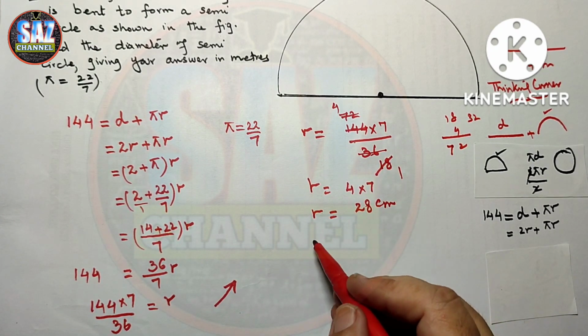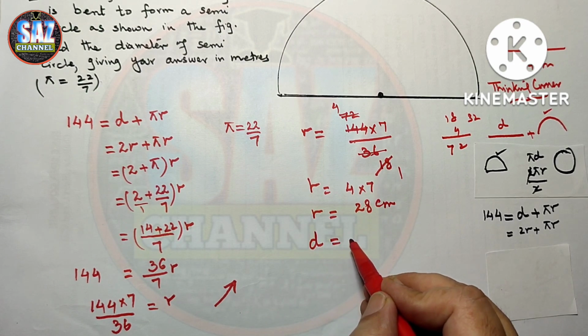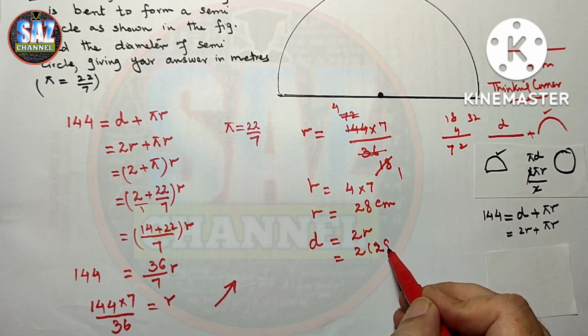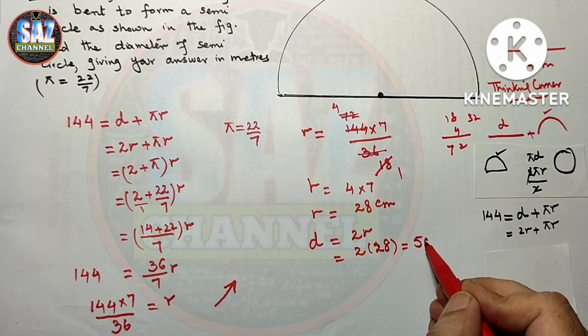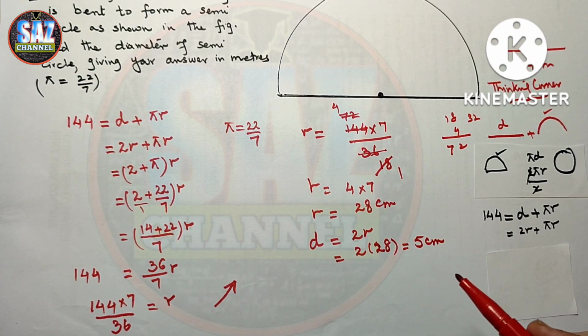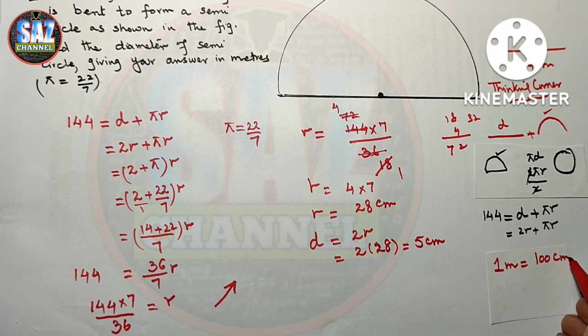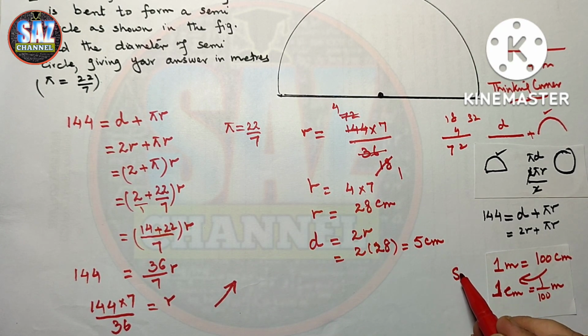And then the actual requirement is the diameter, which equals double the radius, 2 times 28, which is equal to 56 centimeters. And now the question says give your answer in meters. We know that 1 meter equals what? 100 centimeters, and we need to convert centimeters to meters. 1 centimeter will be equal to 1 over 100 meters, and this is small to big, divide.